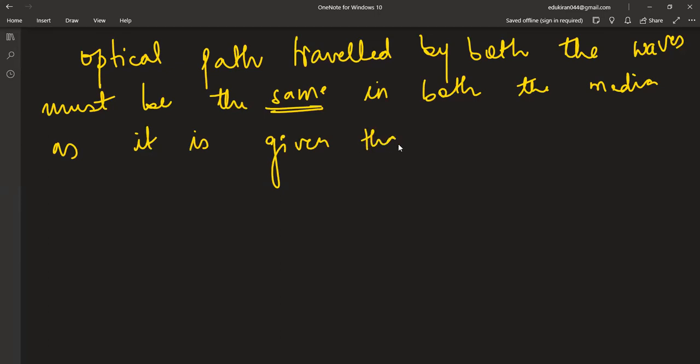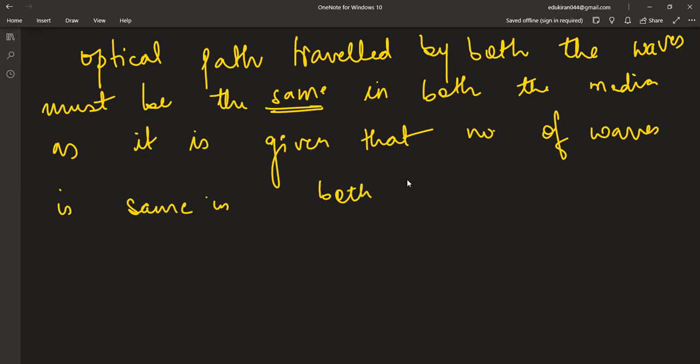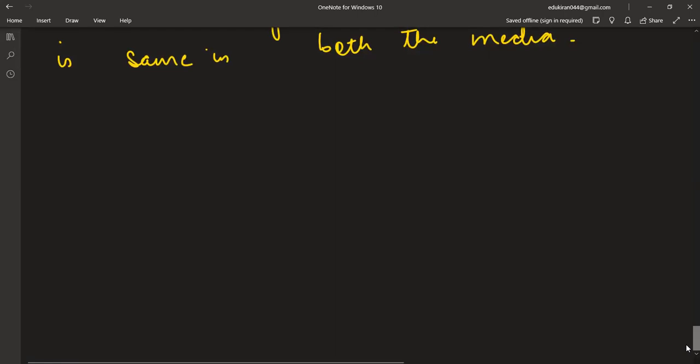Given that the number of waves is the same in both the media. See, when we are talking about this question, forget this thing.